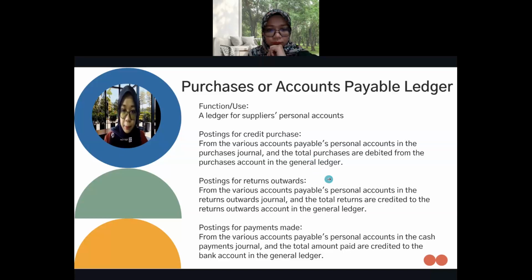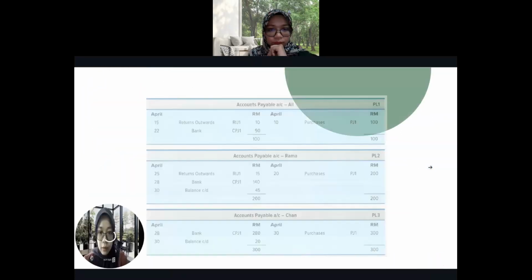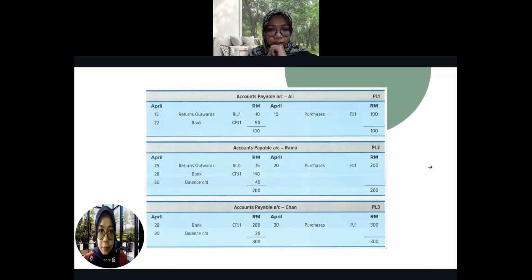Posting for payment made to the account payable is recorded as debit account payable and credit cash or bank. These are examples of account payable ledgers: Ali, Rama, and Chen, used to record any purchase, return outwards, and payment to the account payable.